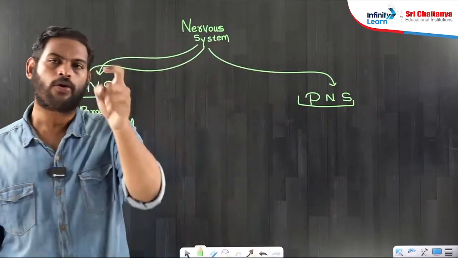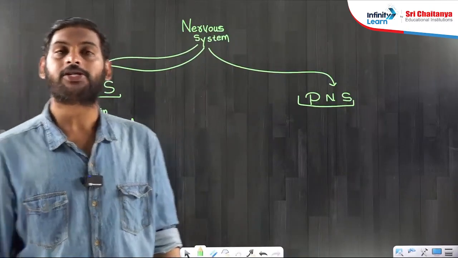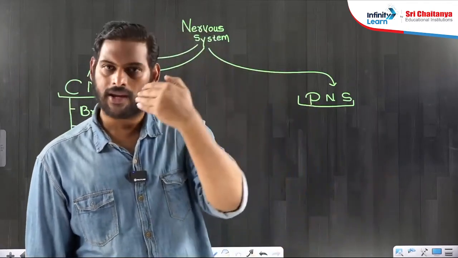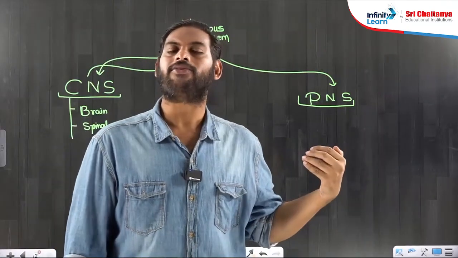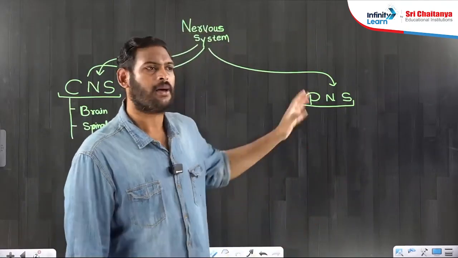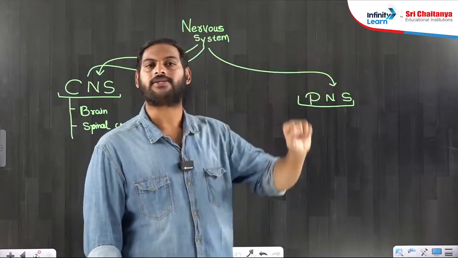Nerves or neurons which send impulses to the CNS and which receive impulses from the CNS are referred to as the peripheral nervous system.